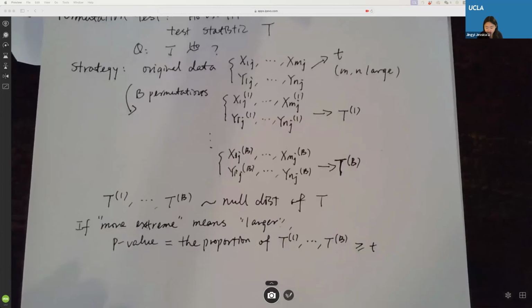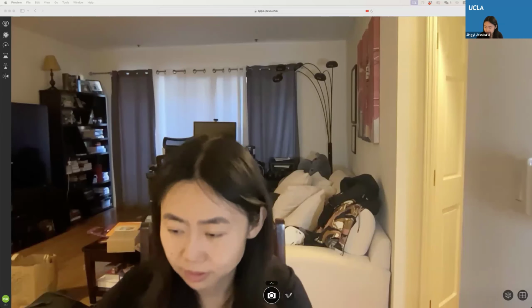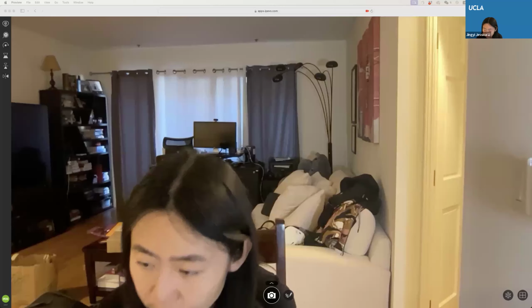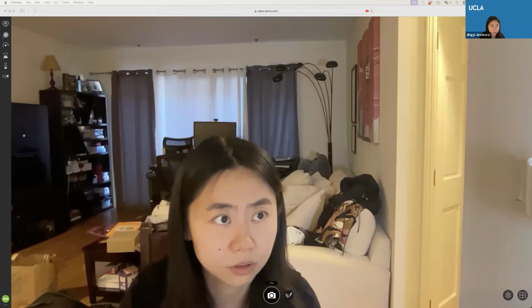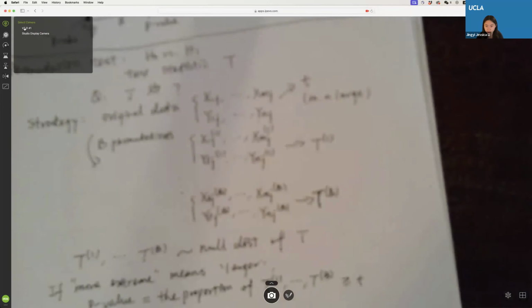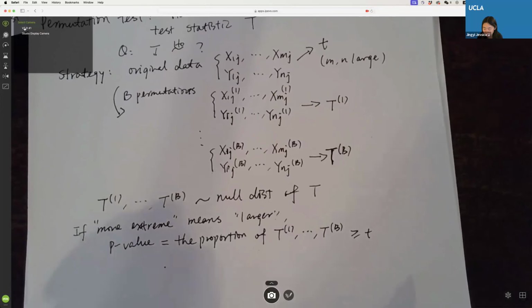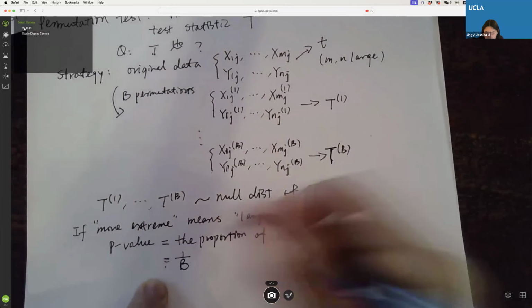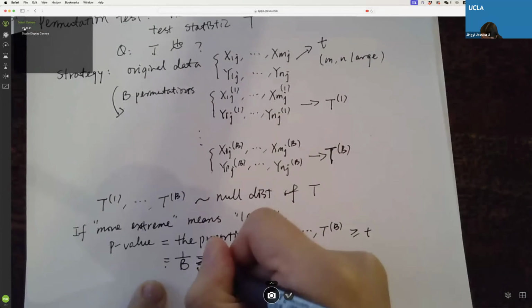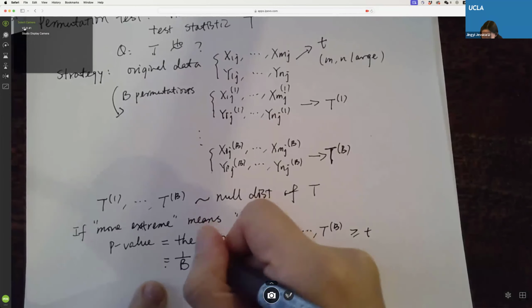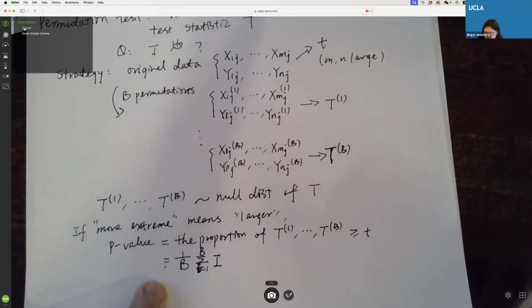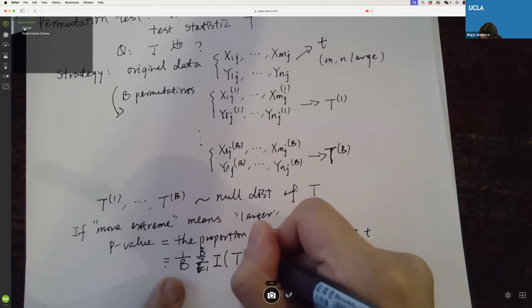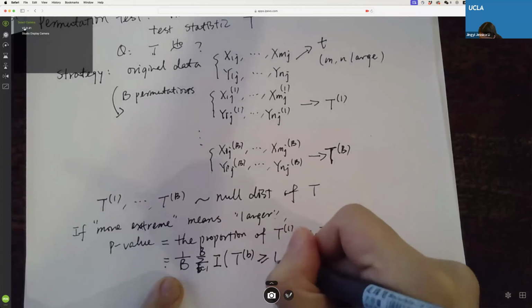That's basically it. And this actually can be written formally as 1 over B times the sum, small b from 1 to capital B. And for each small b, the small b permuted data, I look at this indicator function to see whether this t of small b is greater or equal than small t, right?